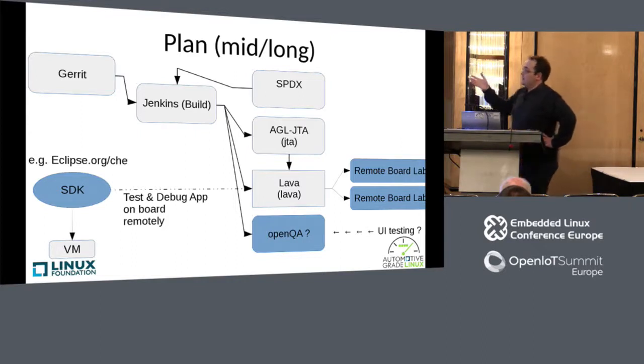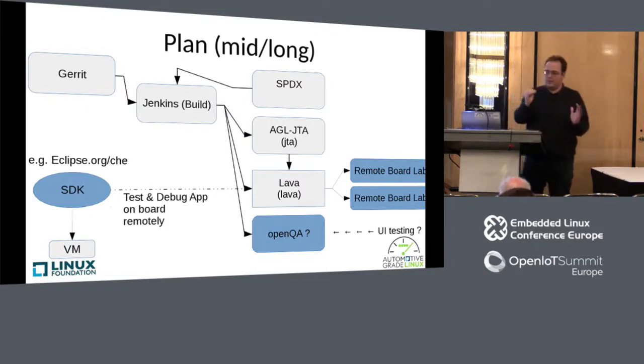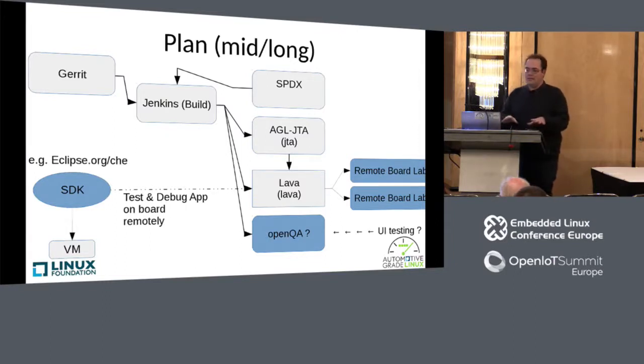If you look at Eclipse Che, kind of your IDE in the browser, you end up with an environment where the developer sits in the web browser, doesn't have the compiler on his machine at all, and writes the code, then code, save, build.